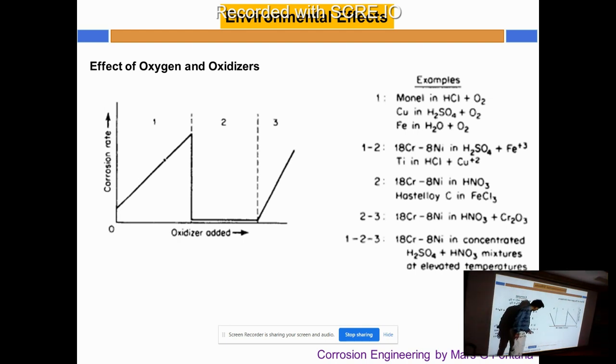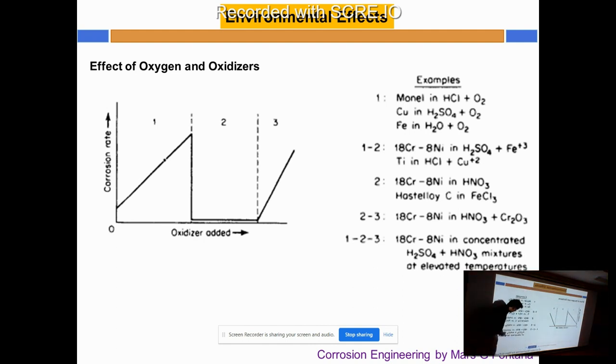And lastly, 1, 2, 3. That means there are some materials which show active, passive, and then transpassive. What is the example for 1, 2, 3? Chromium nickel in concentrated sulfuric acid, nitric acid mixtures.